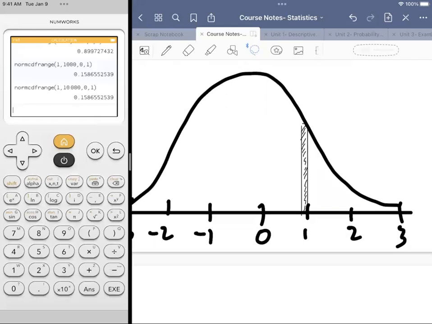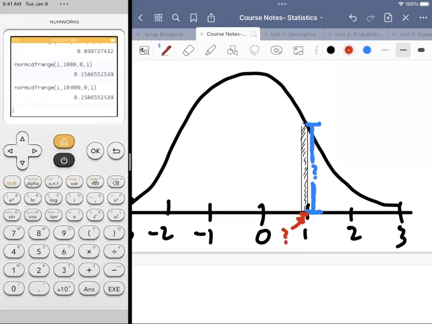I would need to know the height of this rectangle, so I would need to know this distance here. And then I would also need to know this little teensy tiny horizontal distance here.